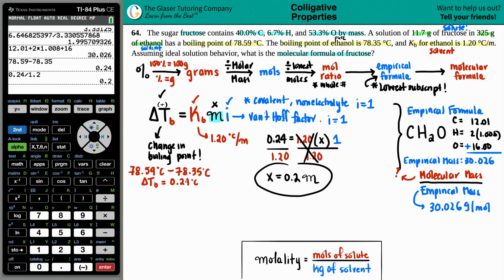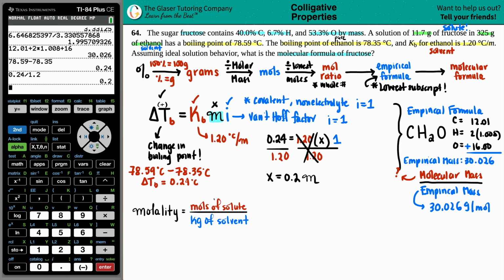But now how is that going to help us? We still want to find that molecular formula. Well, do we know a general formula for molality? Yes, we do. We talked a little bit about it before. Molality equals the moles of the solute divided by the kilograms of the solvent. Anytime you're trying to use a formula, you have to know all of the variables except for 1.